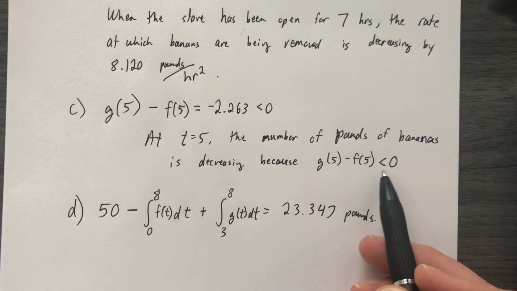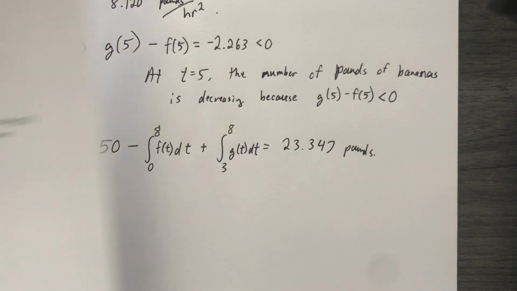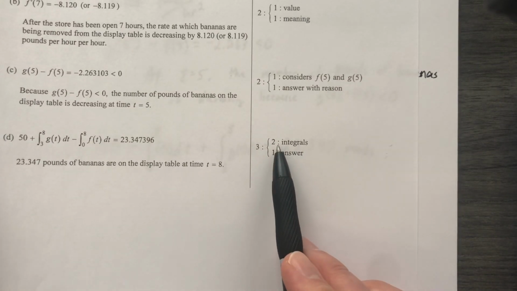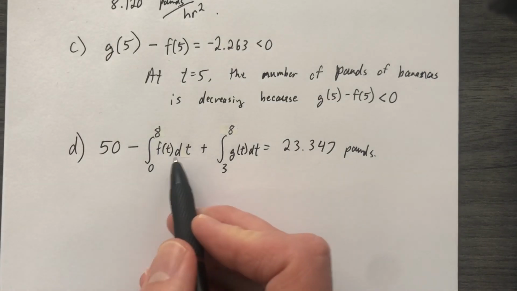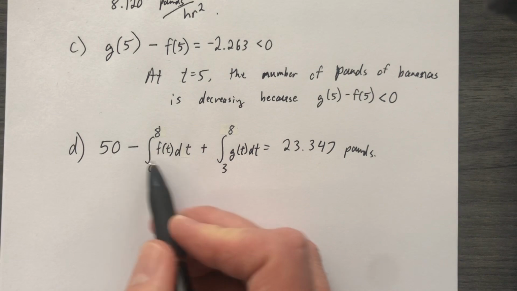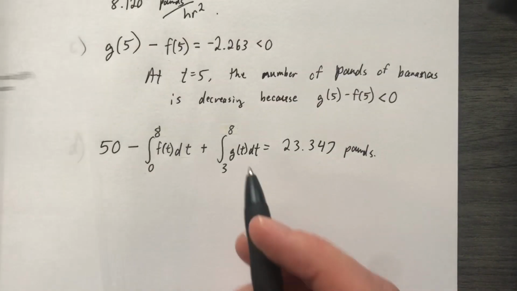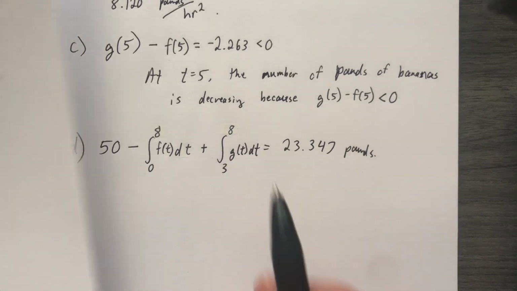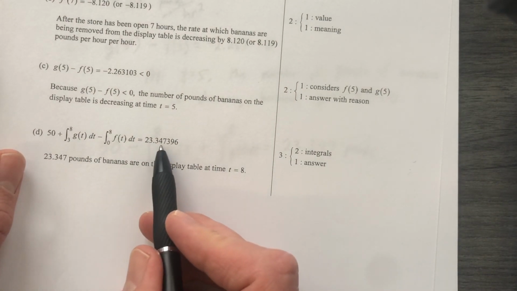And the reason is because g of 5 minus f of 5 is negative. And then part D, we have 2 points for the integrals. Let's go with like 1 point each. So we earned a point here. I did mine in a slightly different order. They did their removal at the end. And this one was worth a point as well. There it is. And then the answer is 23.347.